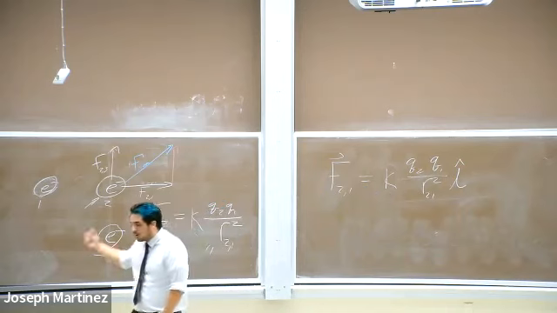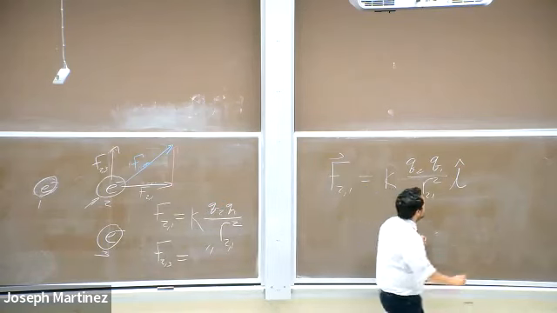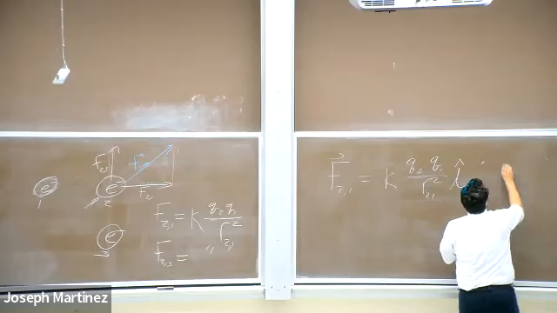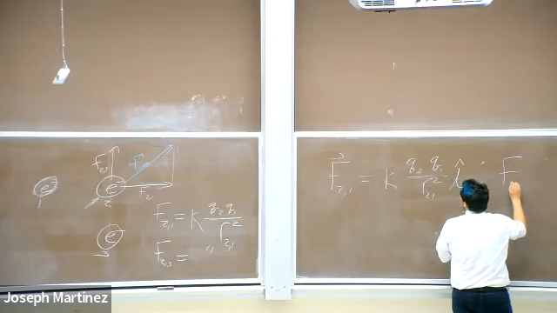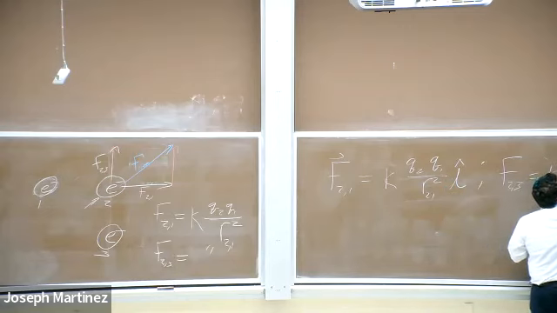The other one is in the positive y direction. Similarly, we have F23 equal to k Q2 Q3 over R23 squared.